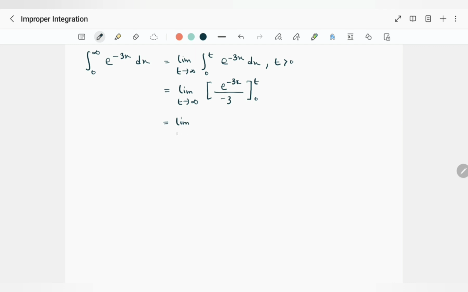So this is equal to limit t tends to infinity minus 1/3 e to the power minus 3t, and e to the power 0 is 1, so this is minus 1.